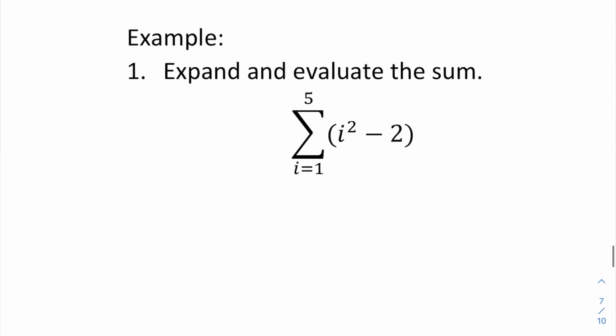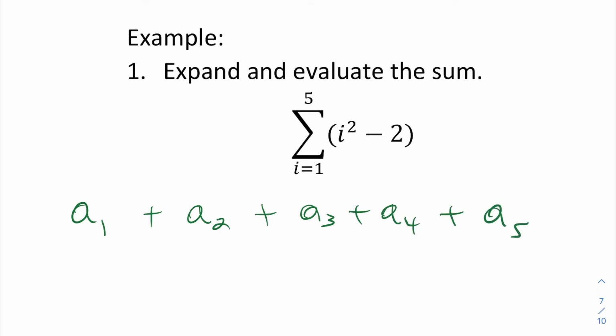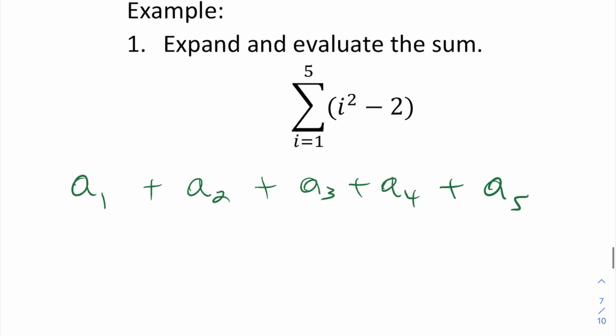And here's an example. So I is the index, the lower limit is 1, so we're going to start adding with a1, and we don't stop adding until we get to a5. That's what all that means. So a1 plus a2 plus a3 plus a4 plus a5. And here's what each one of those looks like.